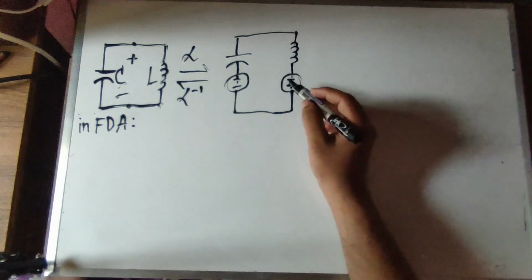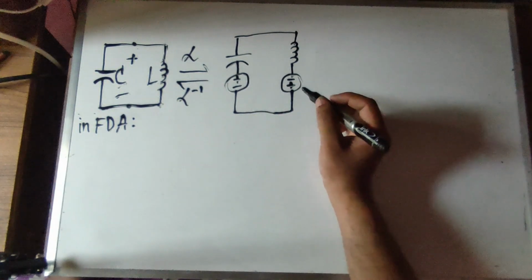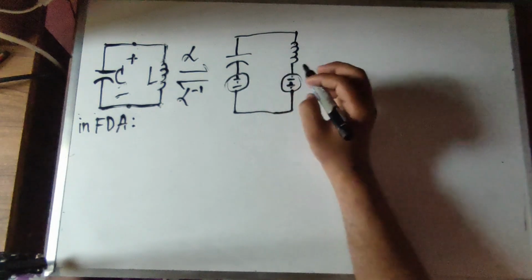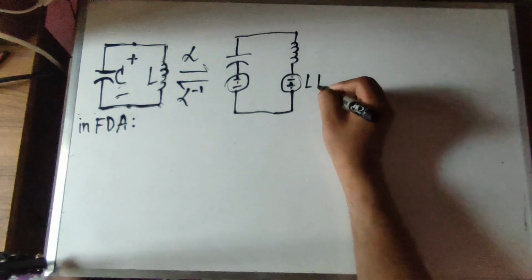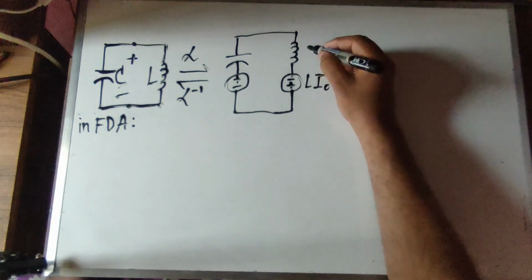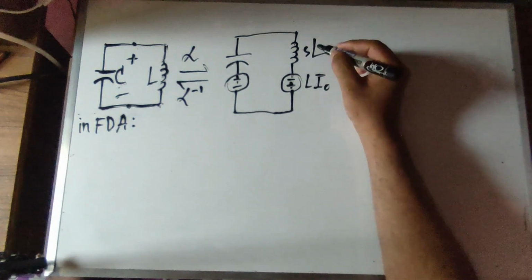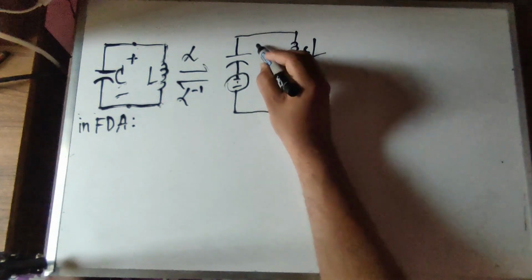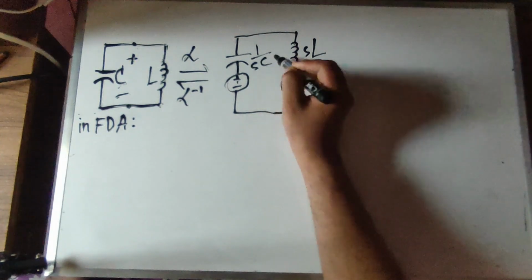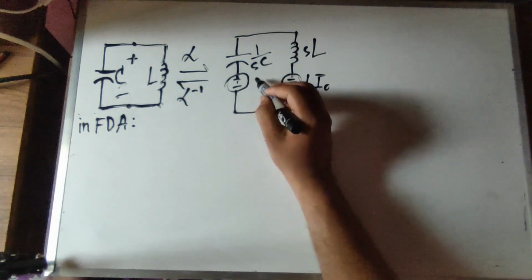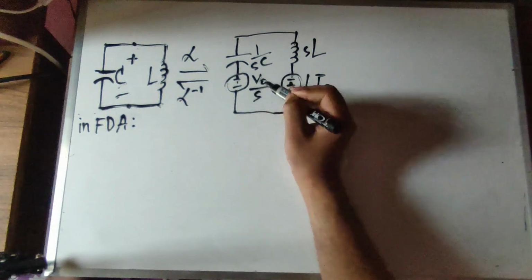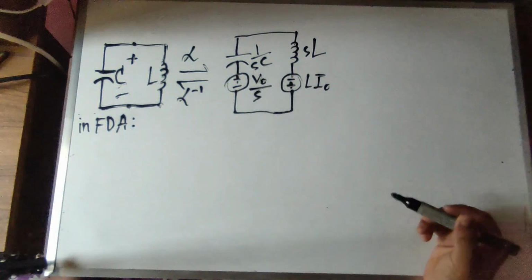We use the voltage source analogy. So the initial voltage source for the inductor is L I0. After Laplace transformation, the inductor is sL, the capacitor is 1 by sC, and the initial voltage is V0 by s, obviously a DC value.